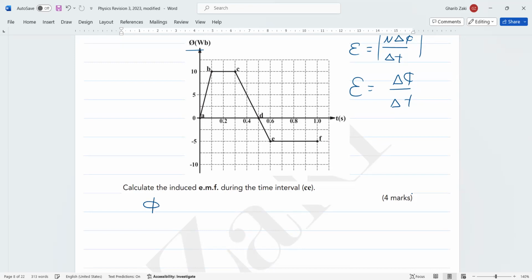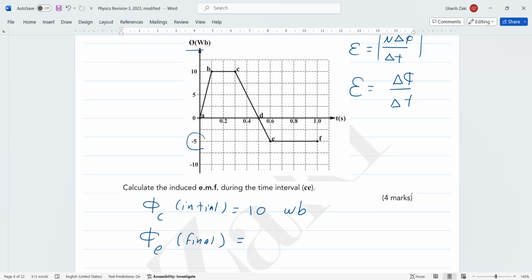Phi at C is the initial flux. What is the value of phi at C? It is 10 Weber from the graph. Phi at E is the final. What is the value?